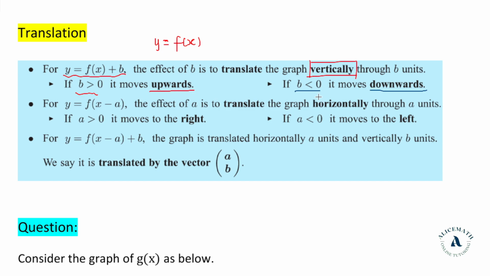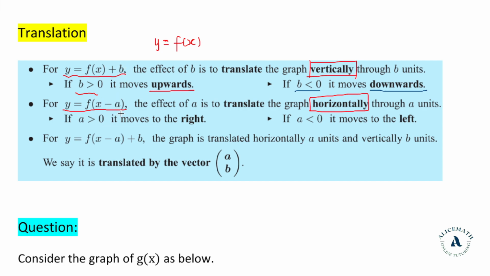If we want to translate the graph horizontally, what's the difference between the previous function and the new function? So you will see here, y equals f(x minus a). So the vertical case means we just add a constant at the end of f(x).